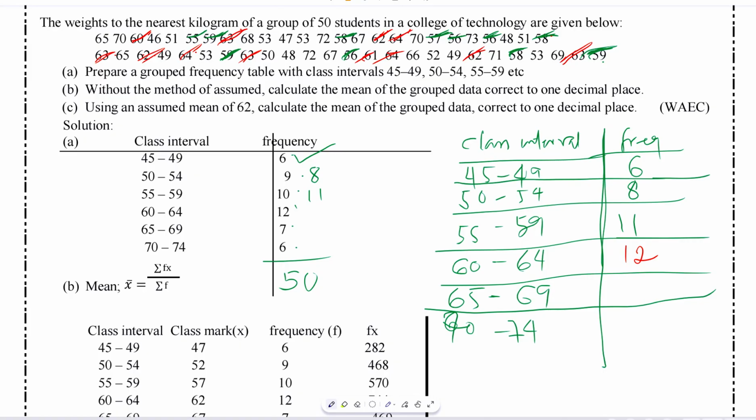So 65 to 69. 1, 2, 3, 4, 5, 6, 7. Do you see that now? That is 7, also confirmed.